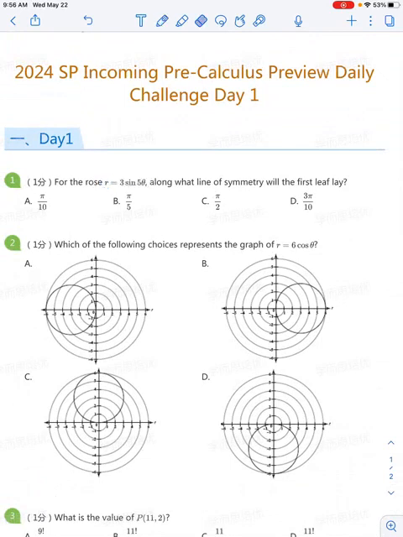Because we have the trigonometric function, you can first identify the maximum value of the trigonometric function, which will occur every pi over 2, right? That's going to be the trend of the sine function.